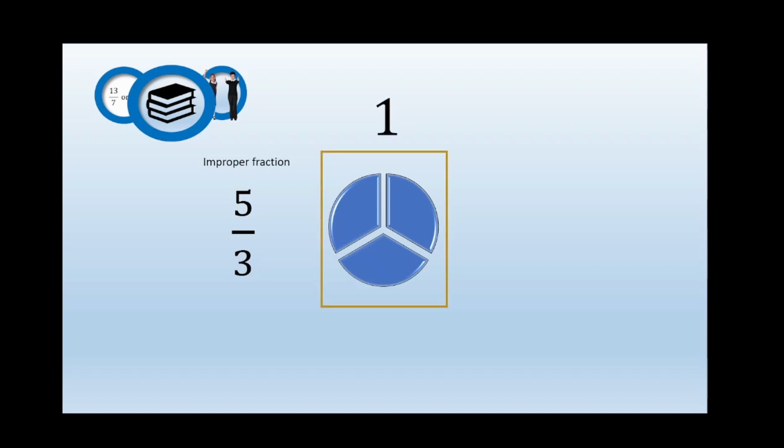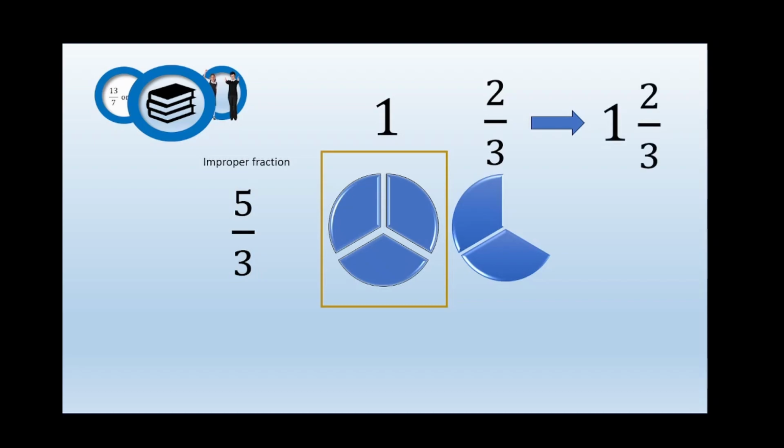I've got 5 thirds. I've got thirds and I've got 5 of them. Well, if I had 3 of those thirds, that would make a whole. It would make 1. What have I got left? Well, I've got 2/3. And literally 5/3 as an improper fraction becomes, as a mixed number, remember it's a mixture of whole numbers and fractions, 1 2/3.